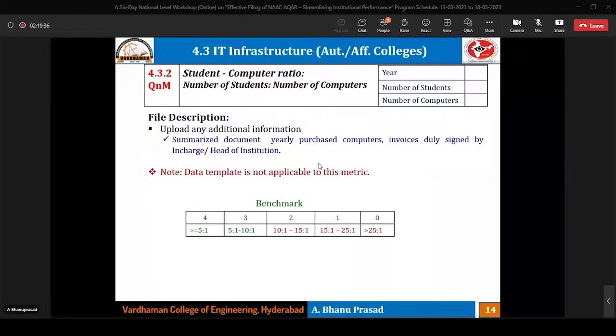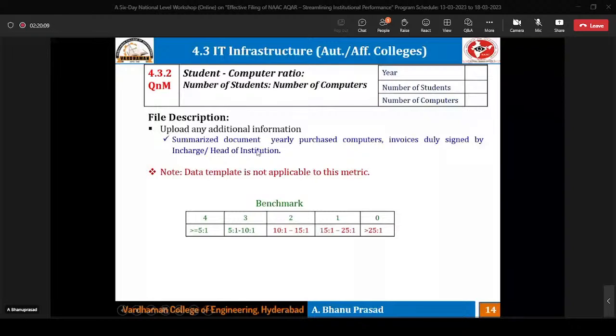Next is the student computer ratio, that is also important nowadays. Every branch has its wing to learn by the computer. The year means every academic year, the number of students, which is already given at the start, and the number of computers to be maintained, to be entered in this particular QNM 4.3.2.